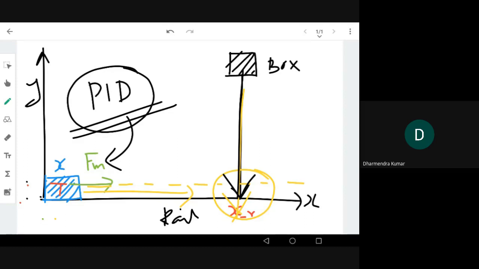So this code I'll be sharing with you. You need Python 3 of whichever version you already have, and you need the NumPy library. I don't think there is anything else. So you can see the simulation, and you can vary the P, I, and D constant values.